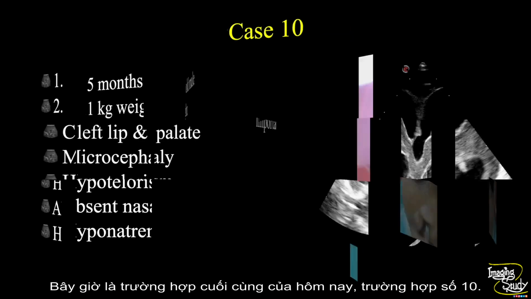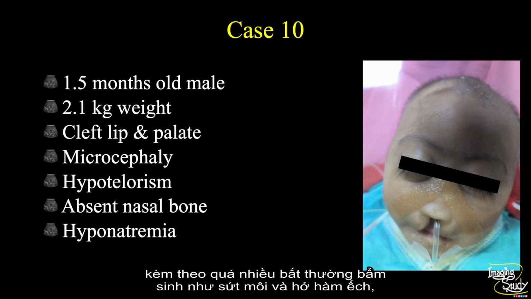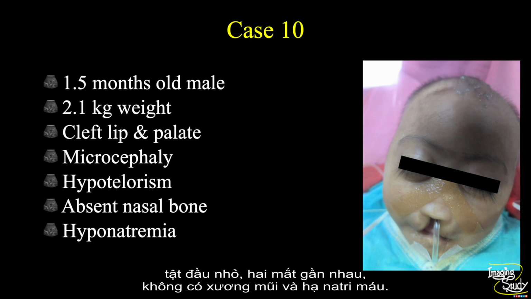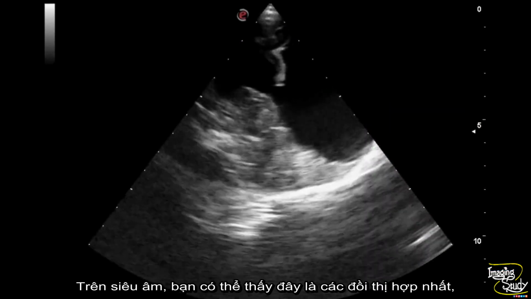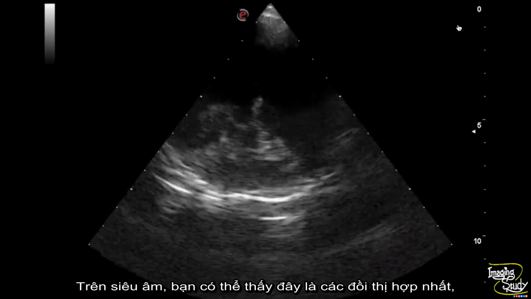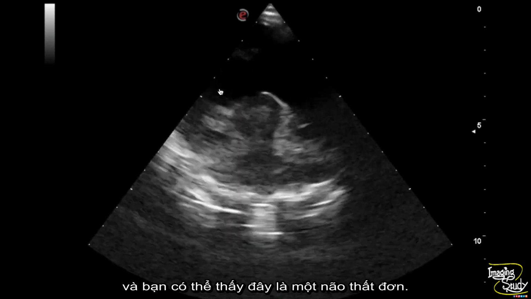Now our today's last case, the case number 10. This is a 1.5 months old male patient with a birth weight of 2.1 kg. It had too many congenital anomalies like cleft lip and cleft palate, microcephaly, hypothyroidism, absence of nasal bone, and hyponatremia. During our ultrasound scan, you can see these are the fused thalami, and you can see a monoventricle anterior to it.